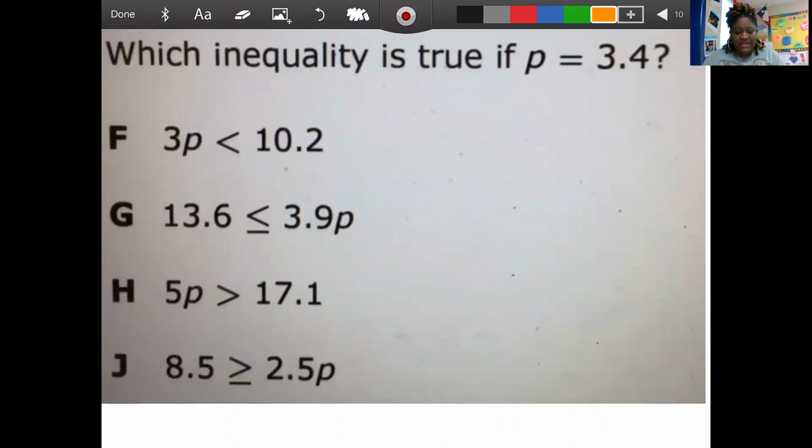Next, which inequality is true if P equals 3.4? So basically, super simple, guys. Wherever you see P, replace the P with 3.4. For example, it would be 3 times 3.4 is less than 10.2.